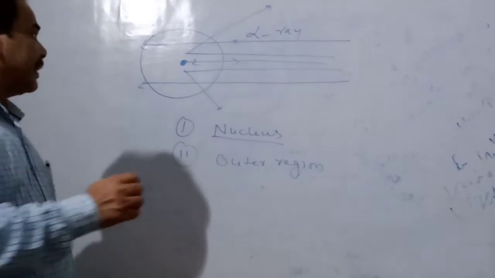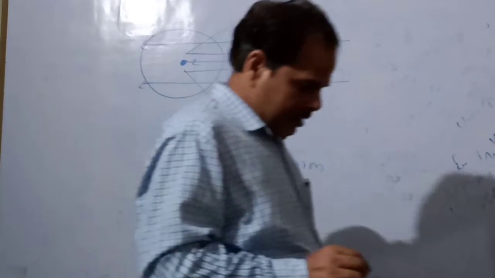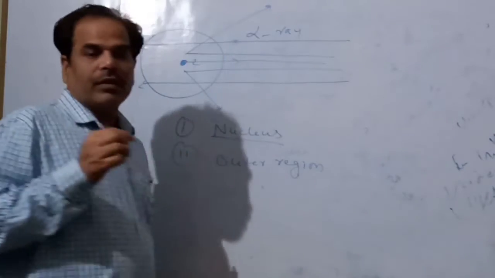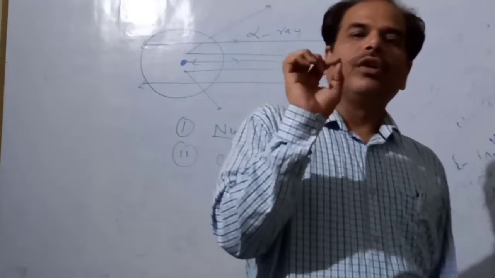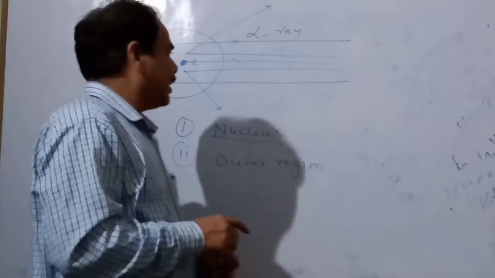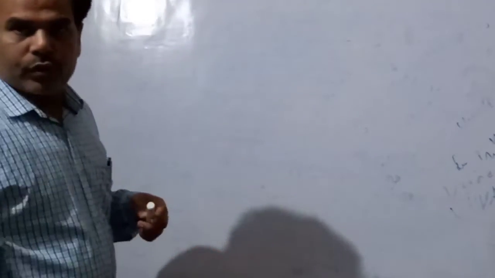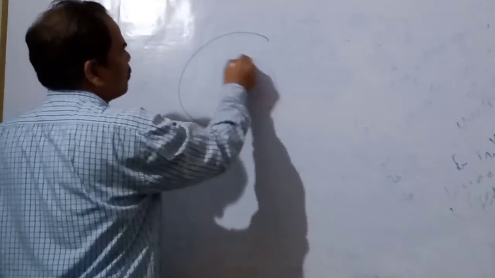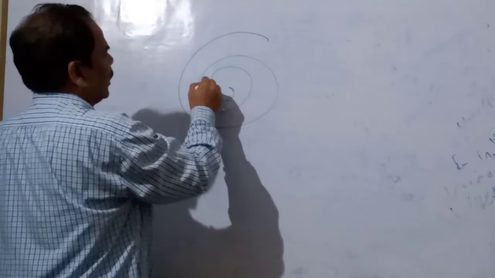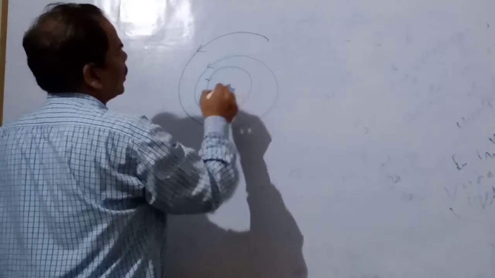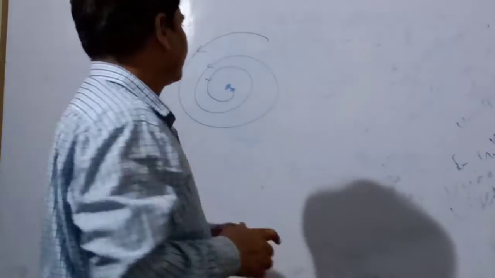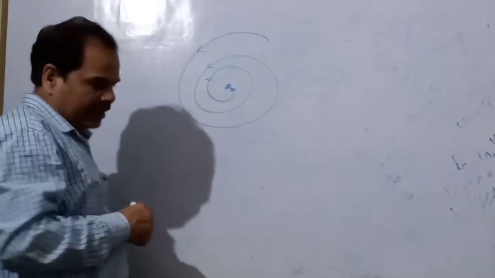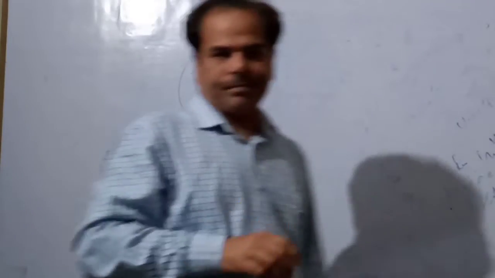Similarly, in the case of the atom, the electrons which revolve around the nucleus should lose energy, and by traveling through a spiral path, should come into the nucleus, and therefore the atom should not be stable. It does not explain the stability of the atom.